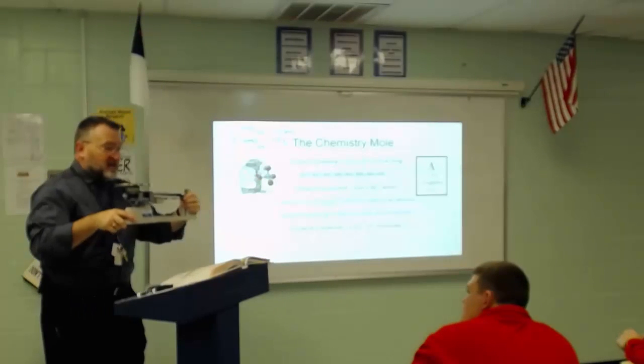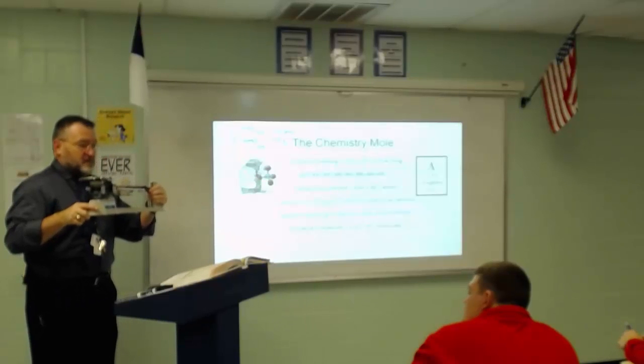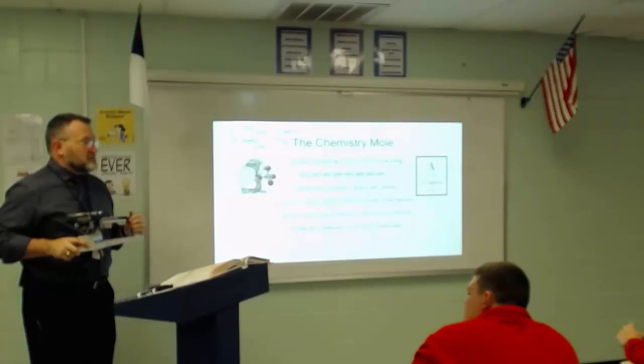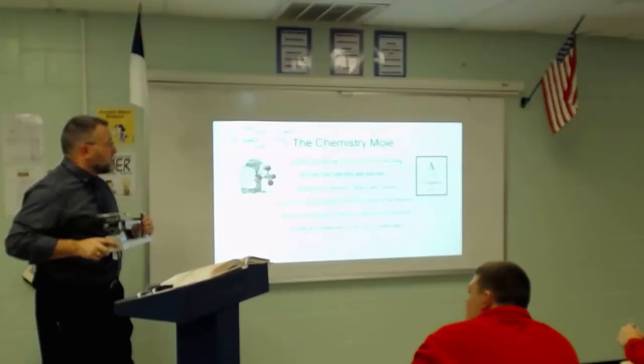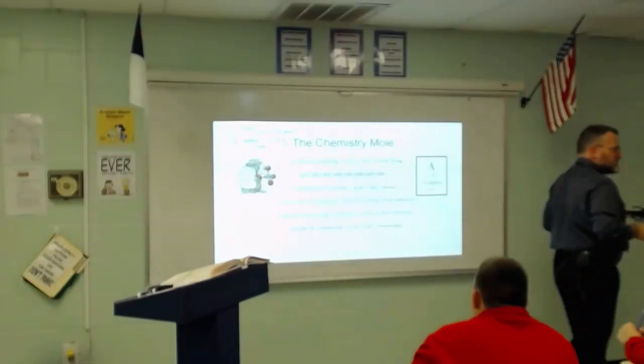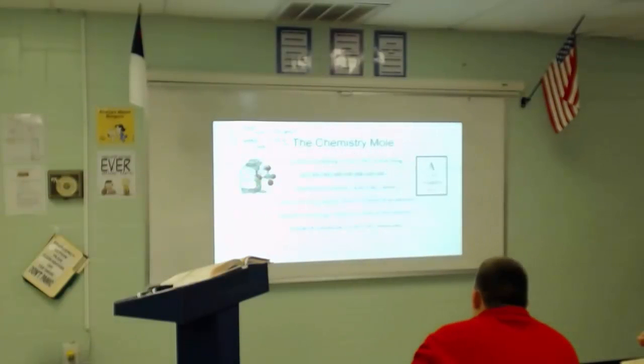And when we had 12 grams of carbon, how many atoms of carbon do we know we have? We know we have 6.02 times 10 to the 23rd atoms of carbon, because 1 mole of carbon has a mass of 12 grams.